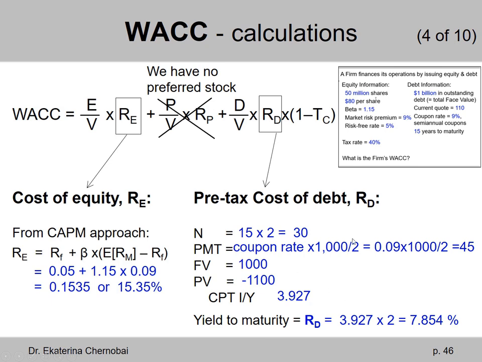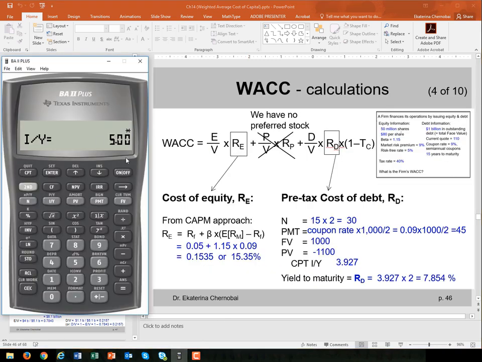Let's review the bond calculations in the financial calculator. Let me bring it up. Let me first clear everything from my earlier calculations. Okay, so I have N, which is 30, so I press 30 N. Then my coupon payment every half a year is $45. I put 45 PMT.